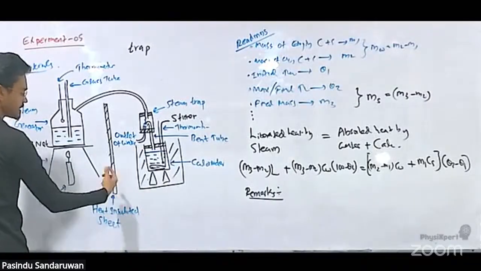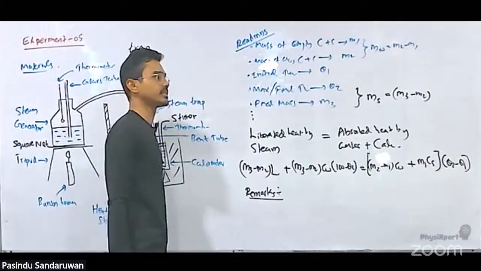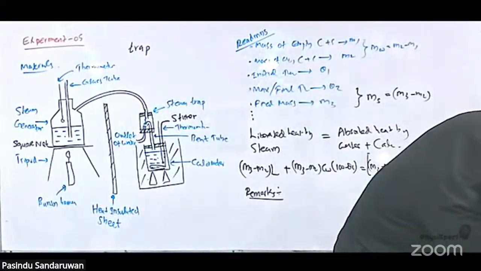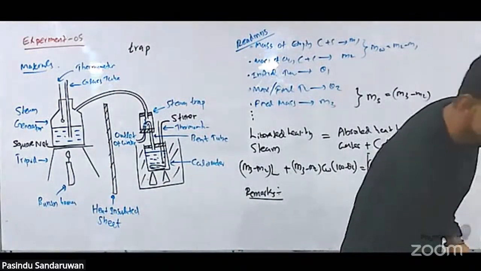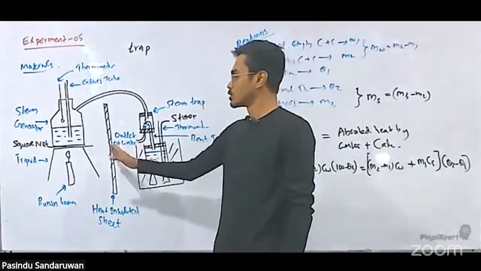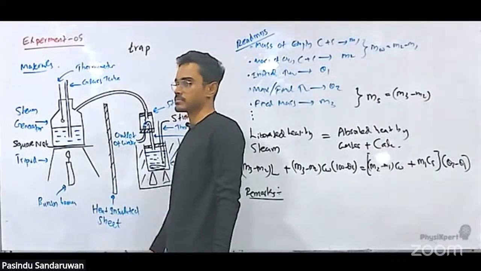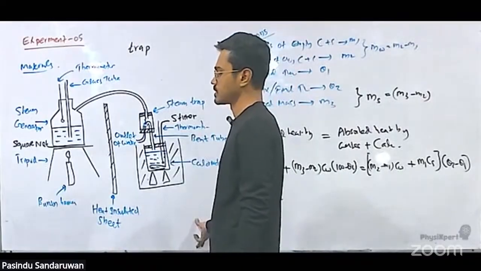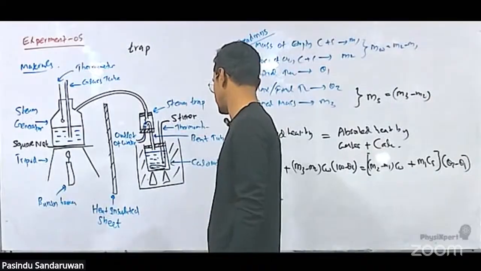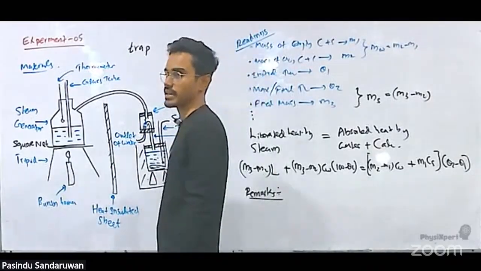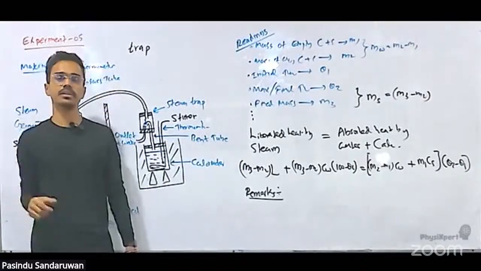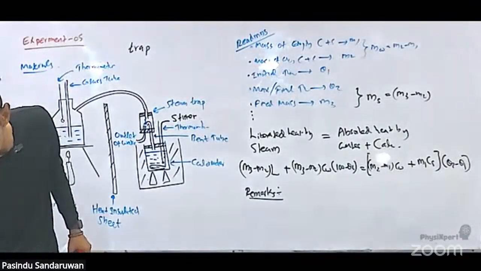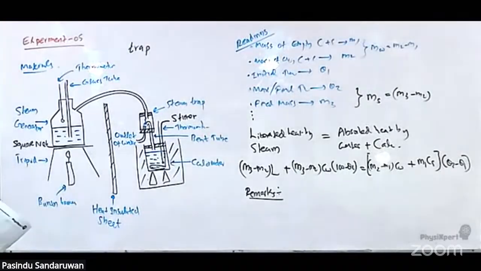A heat insulated sheet is used to prevent direct heat from the Bunsen burner reaching the calorimeter. Right.